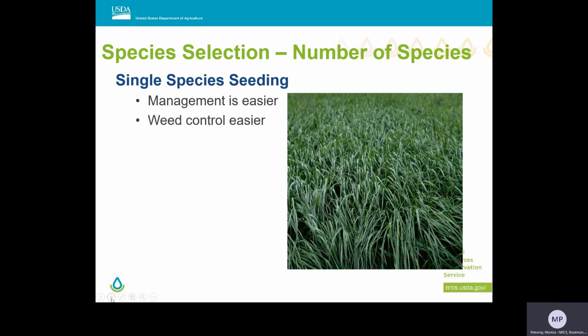But there are some drawbacks to having a single species mix. First of all, if you seed maybe an all legume mix, you could have issues with bloat. Also, a single species mix can really tend to overprescribe familiar species. I'll just use the example of crested wheatgrass.